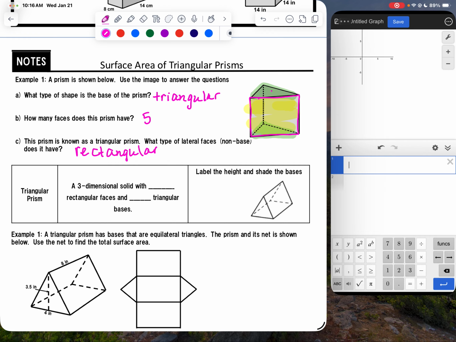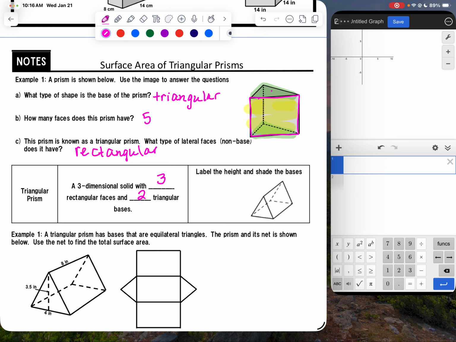So it says label the height and shade the base. Now in our first example, the prism was sitting on its base. In this particular problem, the prism is not sitting on its base, because if it's a triangular prism, the triangular shapes are your bases.